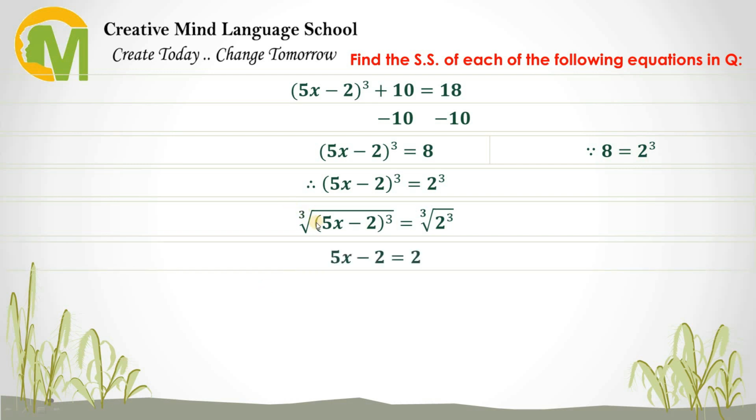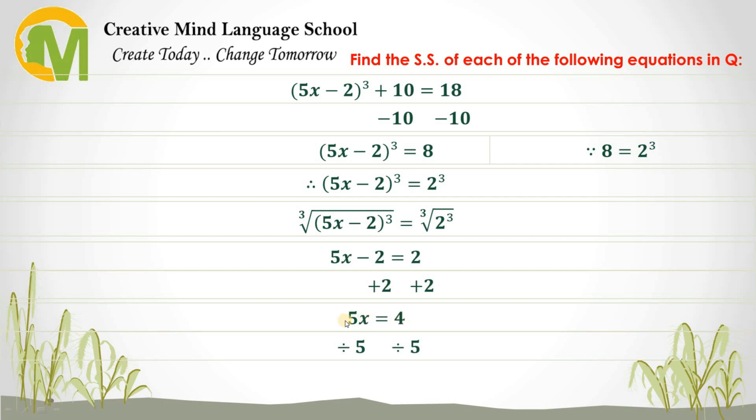On this side, the cubic root is cancelled with the power 3, remaining 5x minus 2, and on the other side, the answer is 2. Now we want to get rid of this negative 2 by adding 2 to both sides. Then we will have 5x equals 4, and we get rid of 5 by dividing both sides by 5, and the final answer will be x equals 4 over 5.